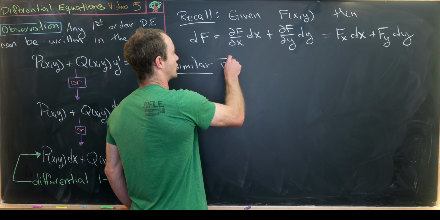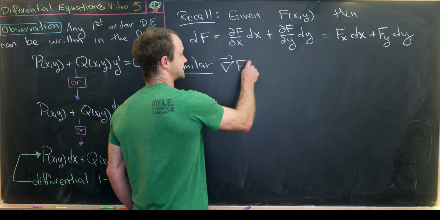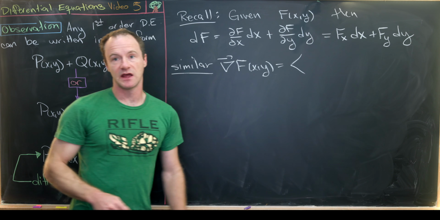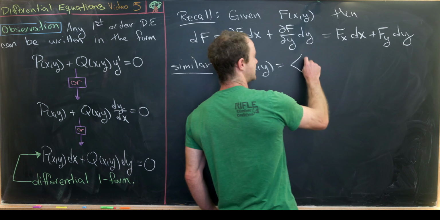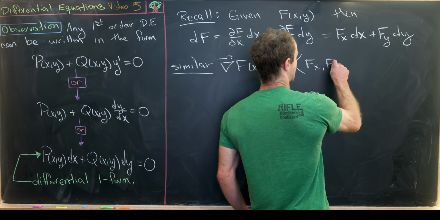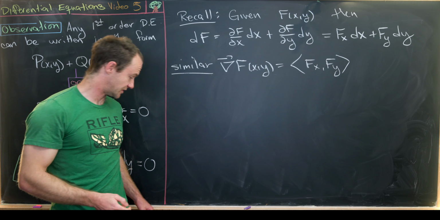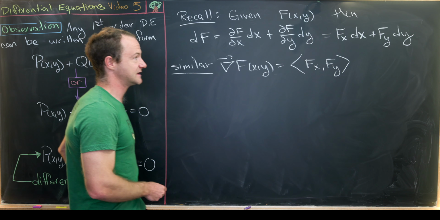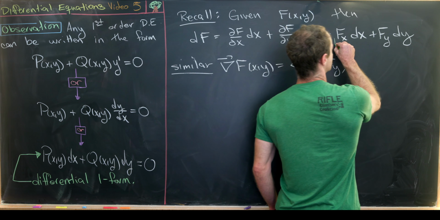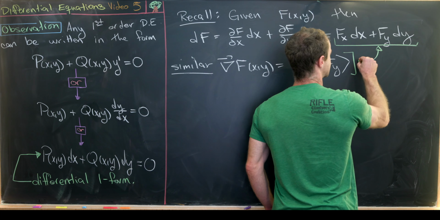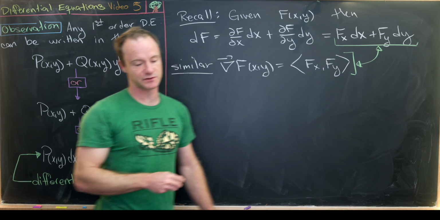So if we take the gradient operator of this function f of x, y, that's going to be a vector field, and that vector field has components f sub x, f sub y. That's just our definition. So you can think about this thing, which I earlier called a differential one-form, as being related to this gradient vector field in some way or another.